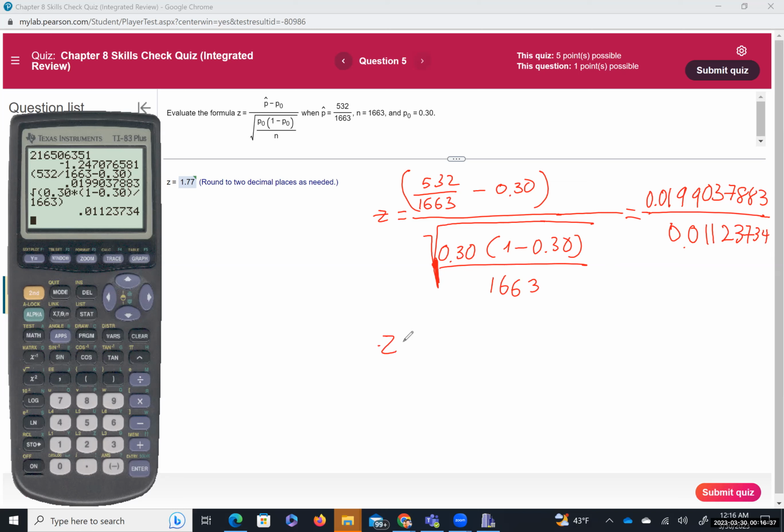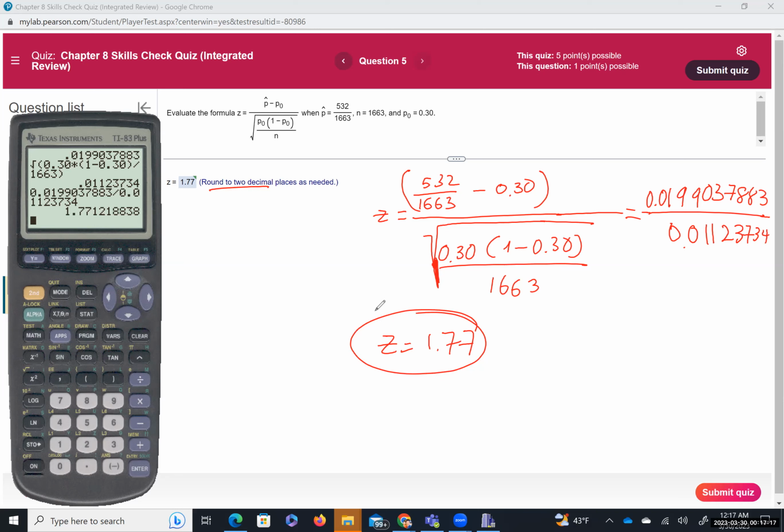And you will have Z. Now you can use the calculator to calculate 0.0199037883, and you divide by 0.01123734, and you will get the answer as 1.7712 something, but we want to round to two decimal places.